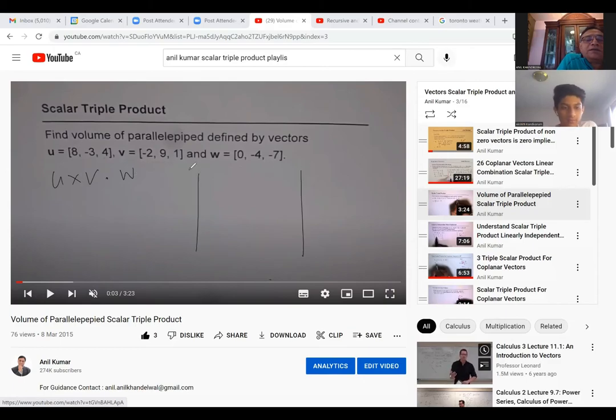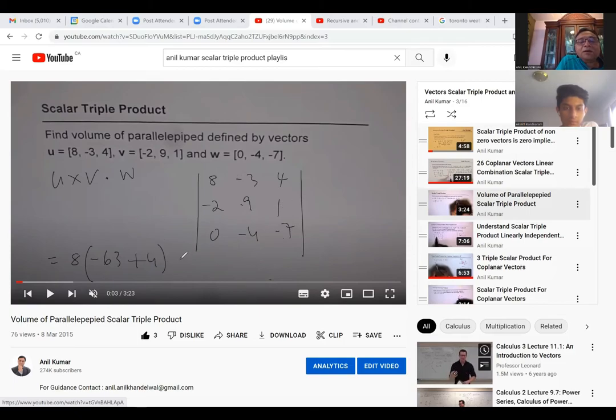So we'll write u, which is 8, -3, 4. We'll write v, which is -2, 9, 1. Then we write w, which is 0, -4, -7. Do you see that? Last time, when doing the cross product, I showed you how to find the value of this. Here, when we do the cross product, we write ijk, but instead of ijk, I've written the vector u, which is 8, -3, 4. So 8 times, within brackets, 9 times -7, which is -63, minus -4 times 1, which is plus 4.